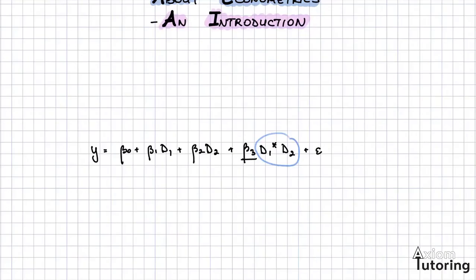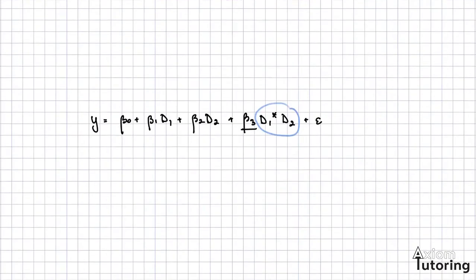So let's make sure that you never fall into this mistake. Suppose that this is the model that you're starting off with. The mistake is that a lot of students just go directly into y equals beta 0 plus beta 3 d1 times d2 plus an error term. So the mistake is not including these two terms here, b1 d1 and b2 d2.